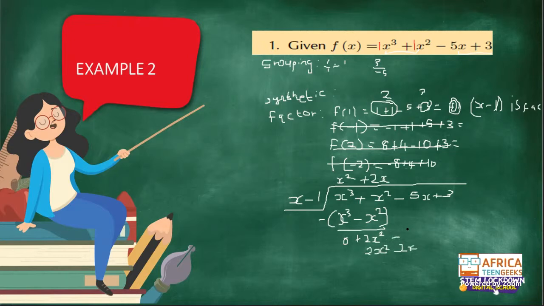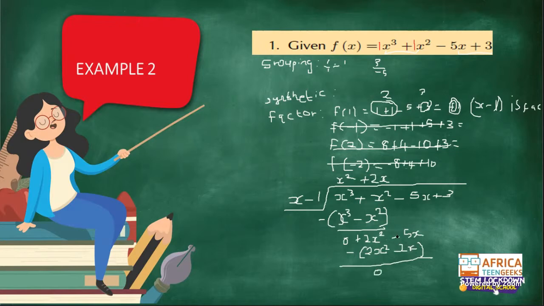Then you bring down the 5x. Okay, then you have 2x squared minus that, this is 0.